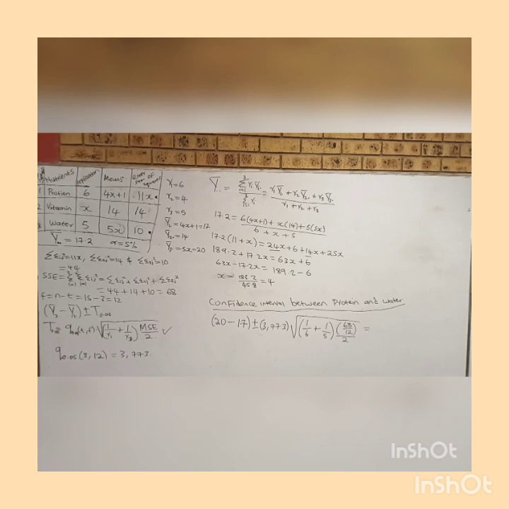So 20 minus 17 minus 3.773 times, we have 1 over 6 plus 1 over 5, then this will be all in brackets as I'm writing here.